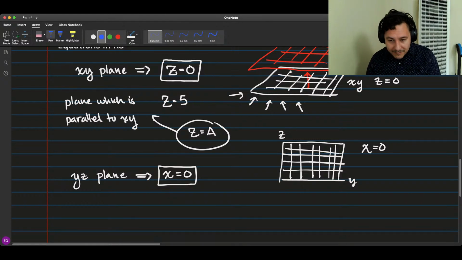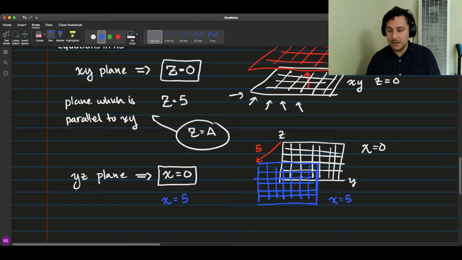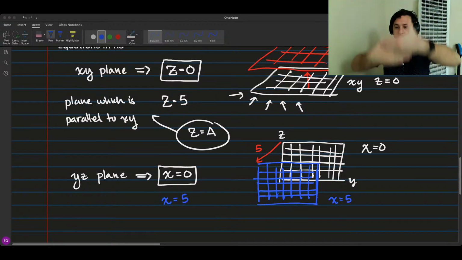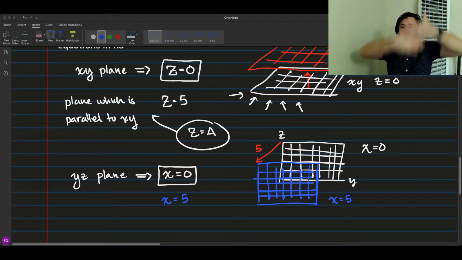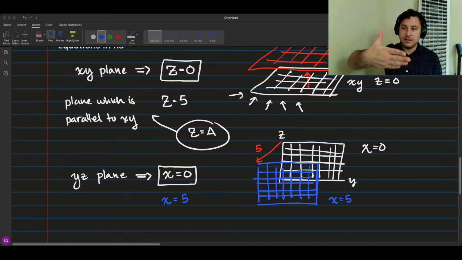Now, if you wanted to talk about x equals 5, it's parallel to the yz plane, but it's been shifted over by 5. So we've moved it over by 5. Do you see how they're like two sheets of paper standing up like this? This is like x equals 0, and then you would move over by 5, and you would get x equals 5. They don't touch. You took one, you moved it over.